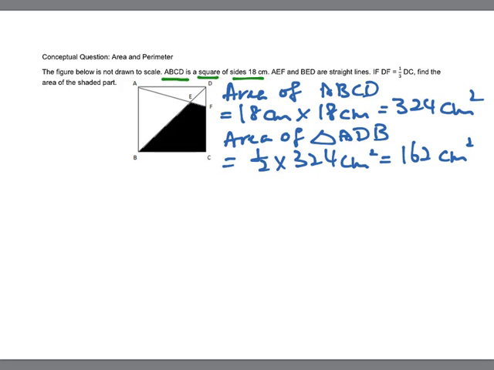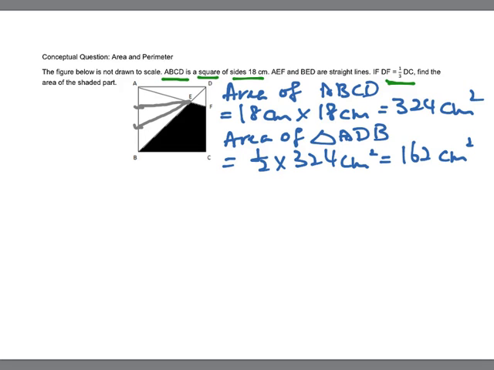Next, because it says here that DF is 1/3 of DC, I'm going to do the same over here as well. Cut AB into 3 equal parts, and I'm going to join this line over here. What I've created is 3 triangles, and these 3 triangles have the same area.